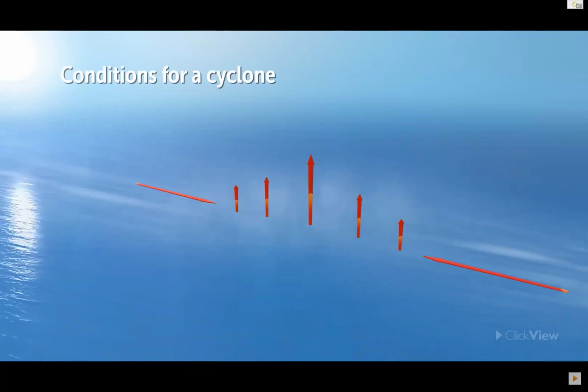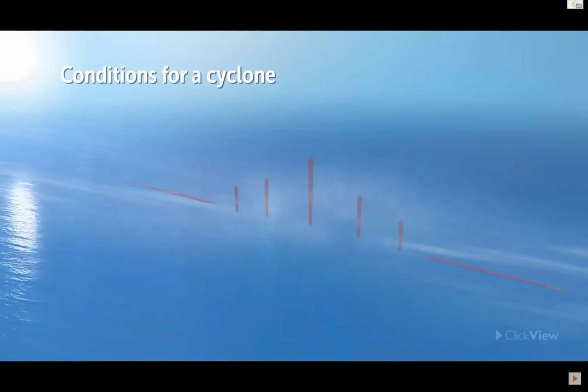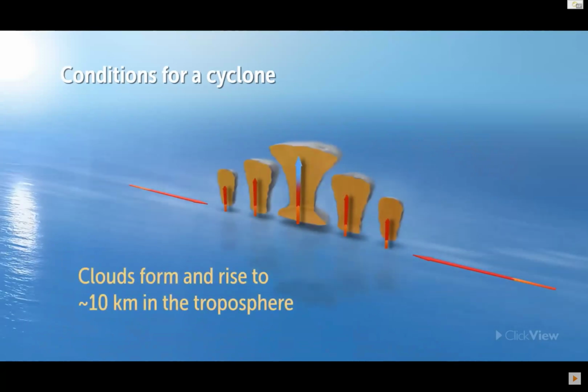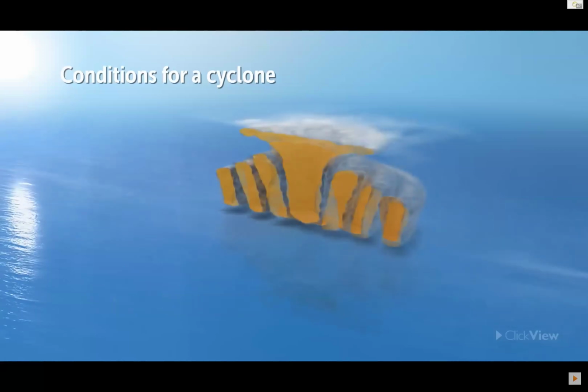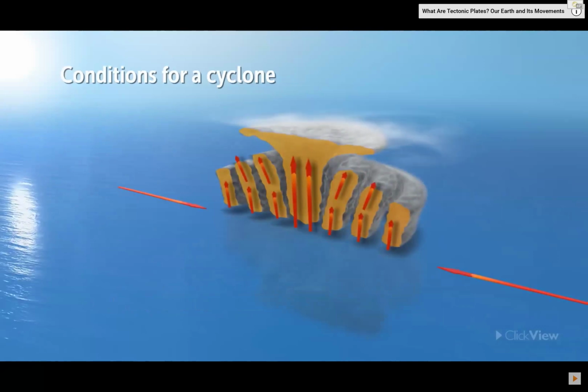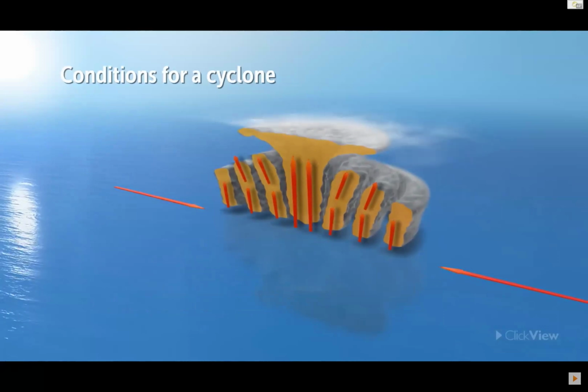As it rises, it cools, condensing to form huge clouds about 10 kilometers up in the troposphere. More warm air rushes in and rises, drawn by the draft above. The rising drafts of air carry moisture high into the atmosphere, so that these clouds eventually become very thick and heavy.